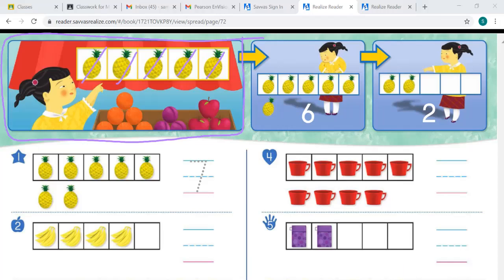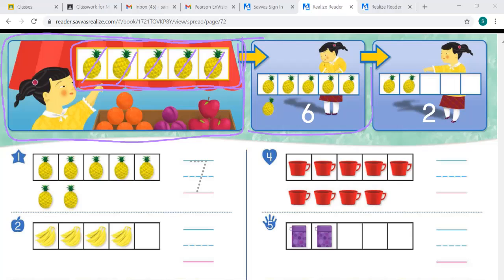How did you know there were 5 pineapples here? Because there is a pineapple in each square of the 5 frame. So if you know that this is a 5 frame, you will automatically know, if it is full, that there are 5 pineapples in there.